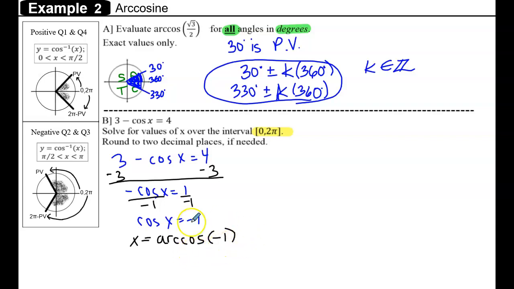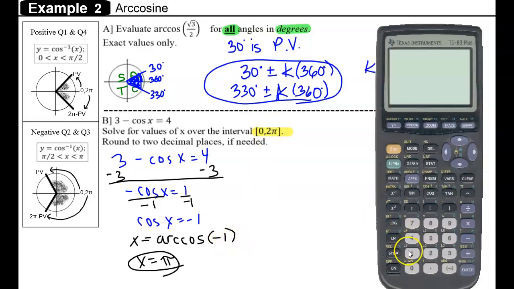And we should recognize this from our work in the unit circle. This is going to evaluate to pi because pi has an x coordinate of -1. So the exact value would be pi. And that is the only angle over the interval 0 to 2 pi that has an x coordinate of -1.